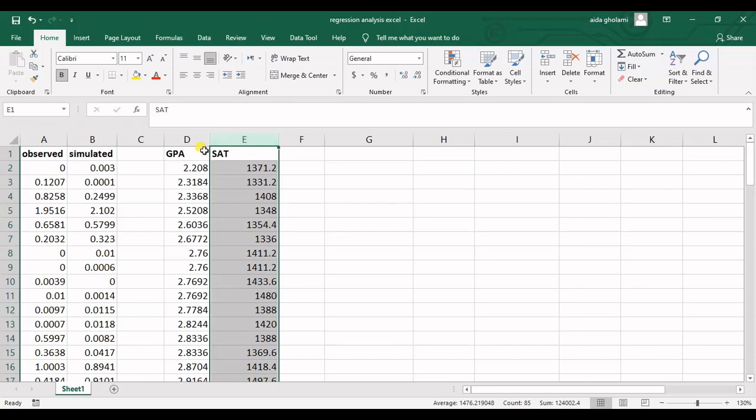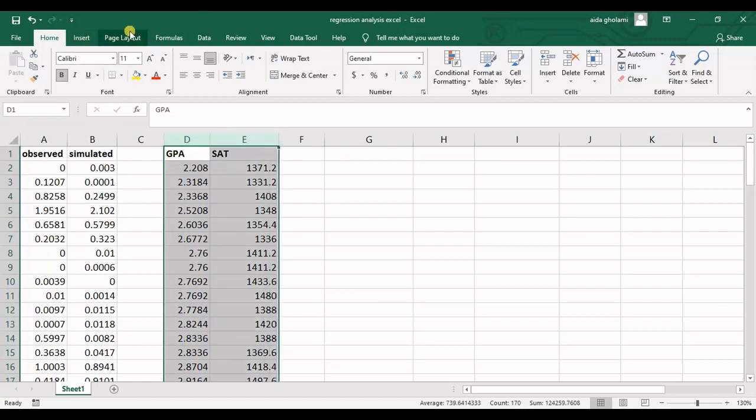So here we have GPA results, and we want to know whether the GPA results are affecting the SAT scores. Before that, we mentioned that we can get the regression formula just using a chart. So I'm going through it.